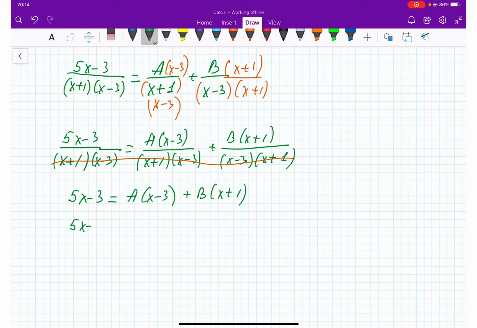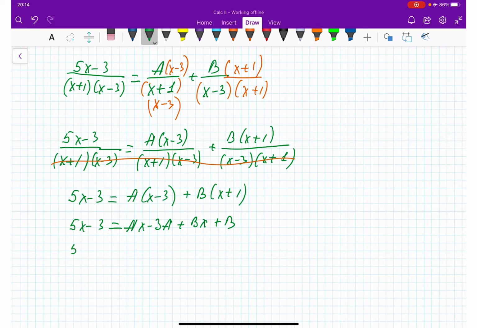So what do we get from here? 5x minus 3 is equal to a times x minus 3 plus b times x plus 1. I want to bring it into the format of 5x minus 3, which means ax plus b. Okay, so let's open parentheses and distribute a and b. So we get ax minus 3a plus bx plus b.